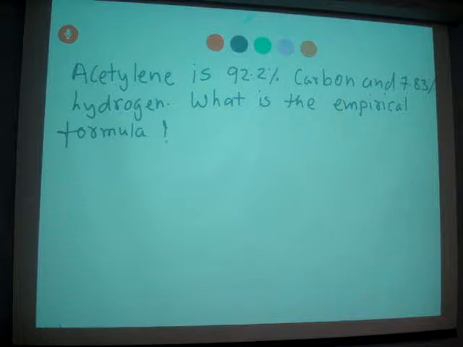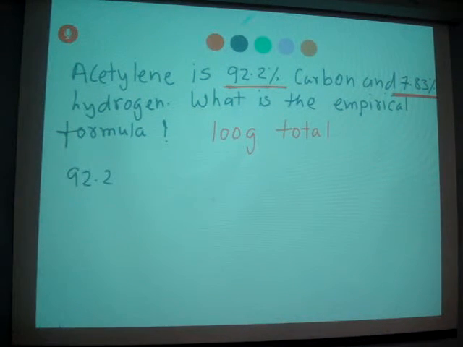So you can consider first these grams are given, right? You can say that's the grams. Convert that percent to grams. So that means consider 100 grams total, 100% total. In that 100 grams we have 92.2 grams of carbon.